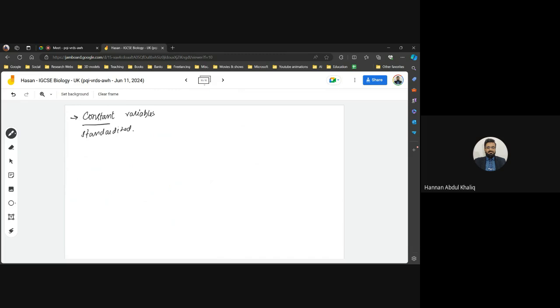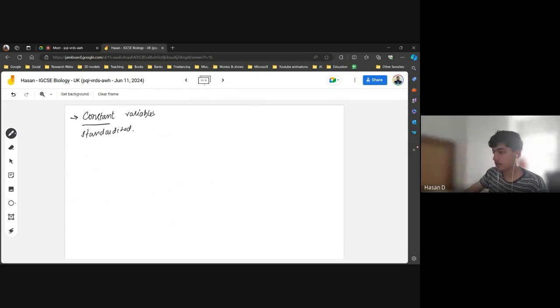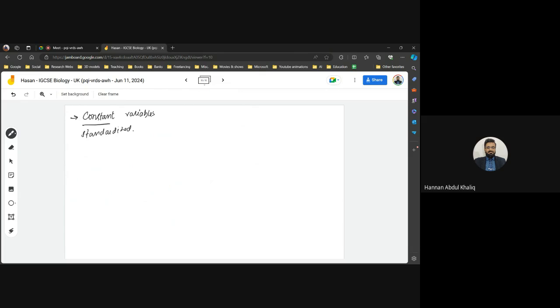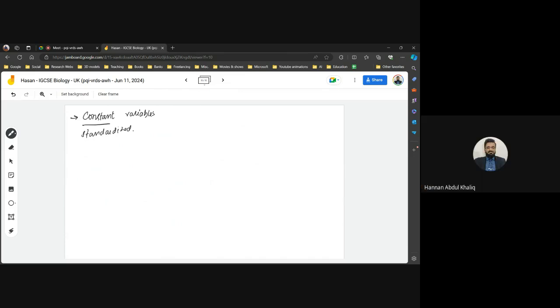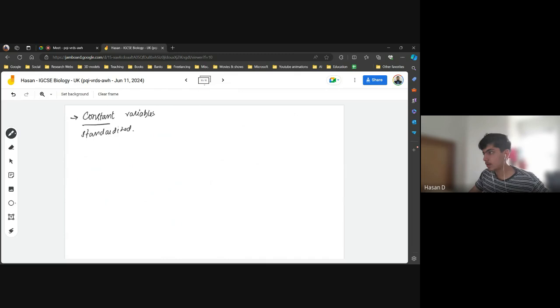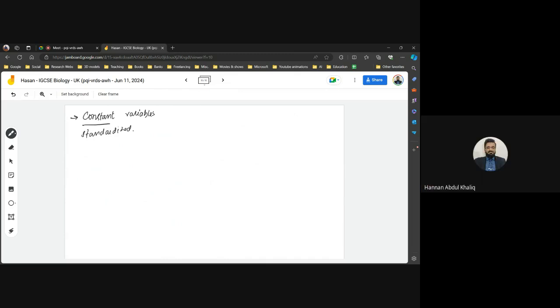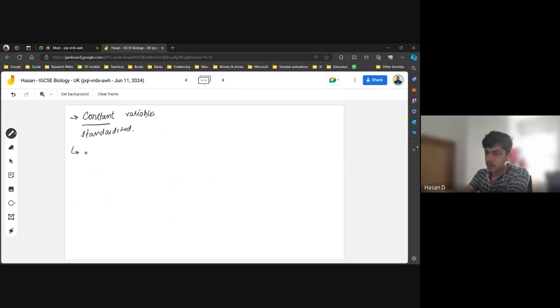Suppose we just assume that the light is changing the rate of photosynthesis. Is there any other factor that can also affect the rate of photosynthesis? Yes, there are other factors. Temperature, carbon dioxide concentration.